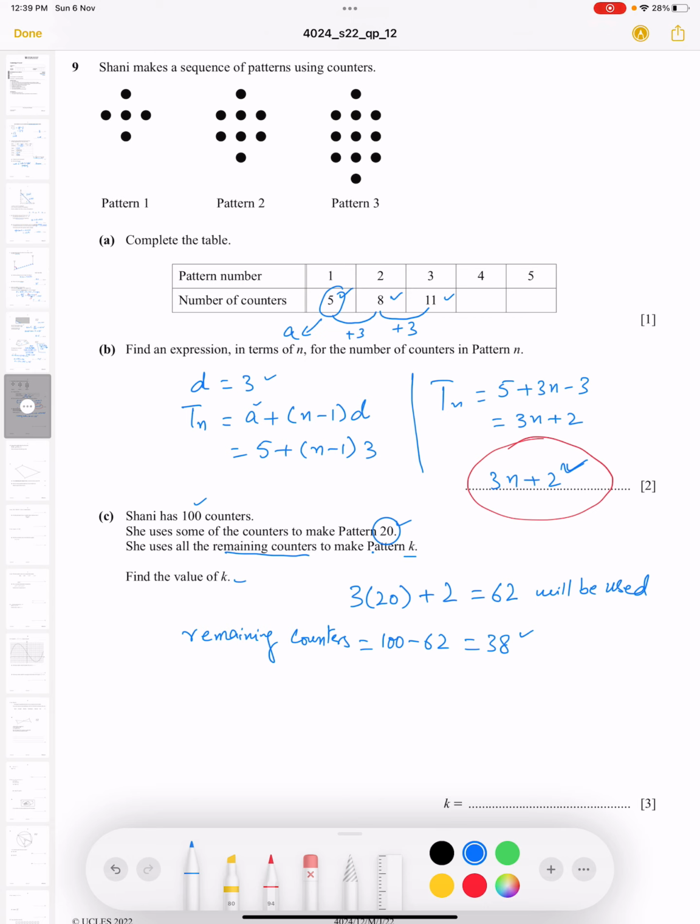We put the expression 3n plus 2 equal to 38. Solving it, we get 3n is equal to 36 and n is equal to 12. Or instead of n, we can put k as well, since they have used k here. So 3k plus 2 equals 38, 3k is 36, and k is equal to 12. So the value of k is 12, right?